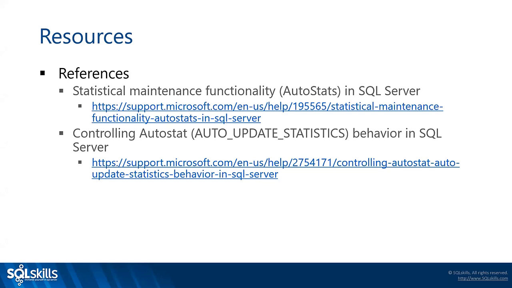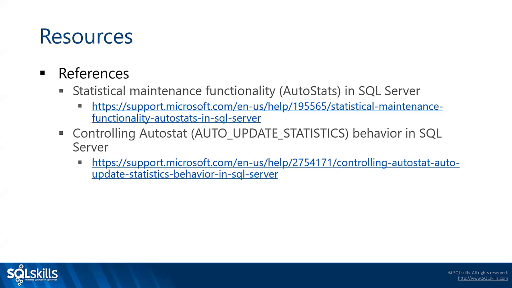So I can't create a statistic across, let's say, customer ID in the orders table and something else in the order lines table. So the estimates are going to come from the stats, and then the cardinality estimator, right, the optimizer, is what then has an algorithm to determine, okay, based on this stat and this stat, right, what's going to happen.